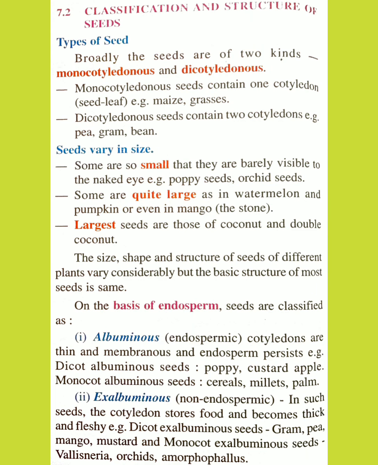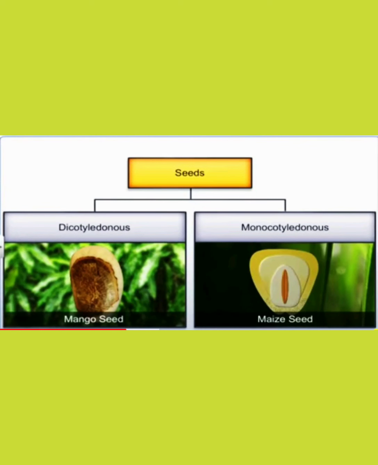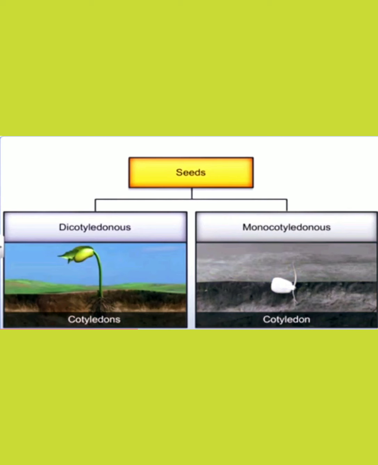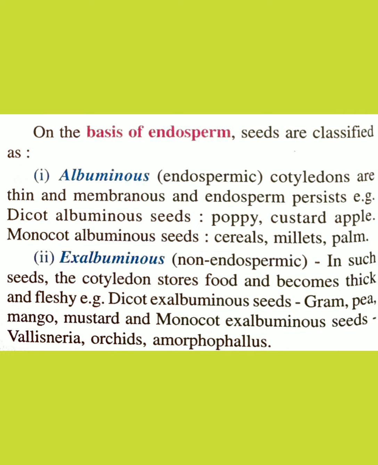Broadly, the seeds are of two kinds, that is monocotyledonous and dicotyledonous. The seeds with two cotyledons are called dicotyledonous, and with a single cotyledon is called monocotyledonous. In some seeds, the developing embryo is surrounded by a nutritive tissue called the endosperm, which stores food and helps the embryo grow.